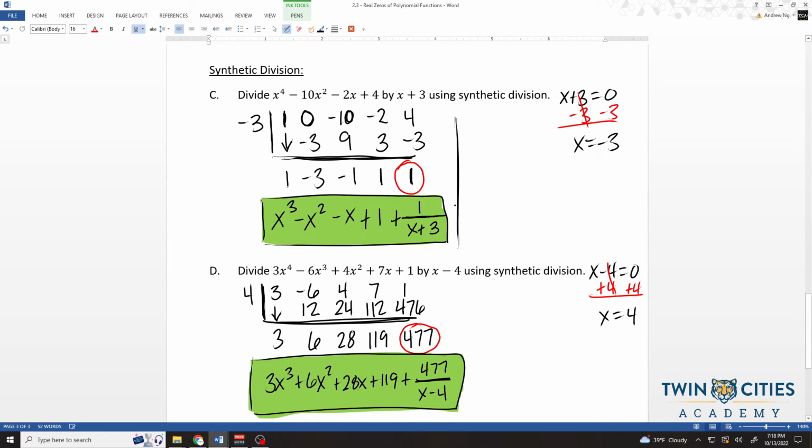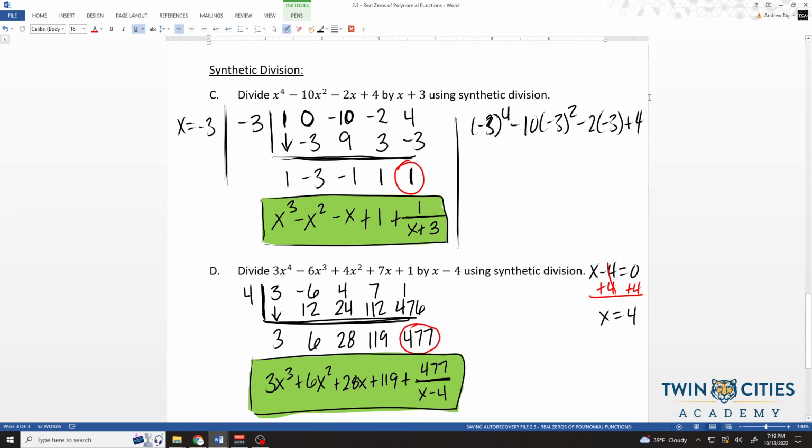Okay, let's do that over here. That would be like doing this. So x equals negative 3, I'll write over here now. Negative 3 to the fourth power minus 10 times negative 3 squared minus 2 times negative 3, then plus 4 at the end.